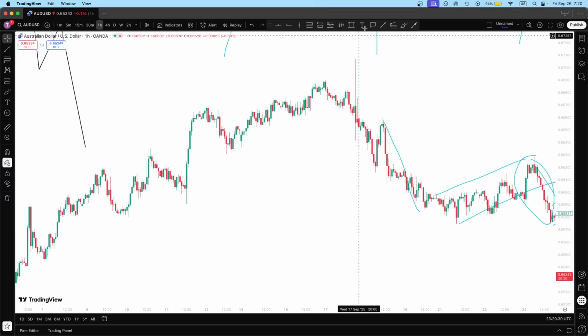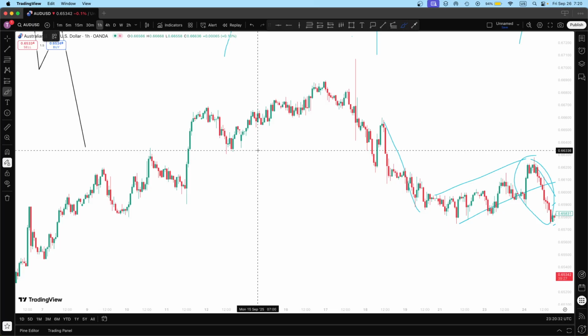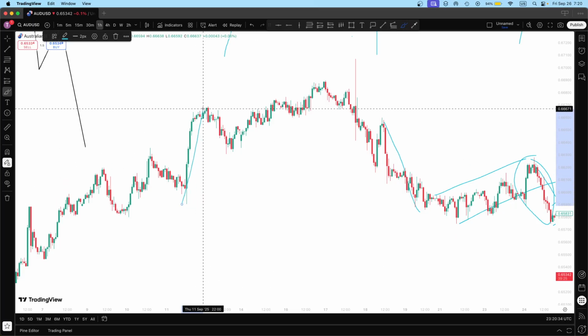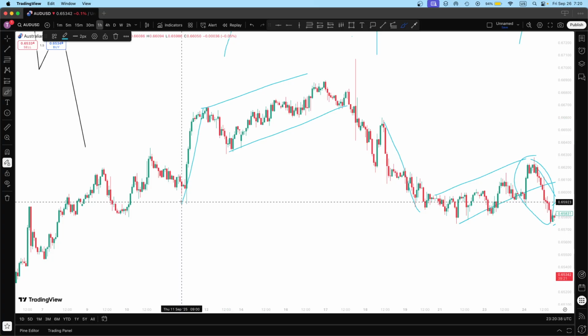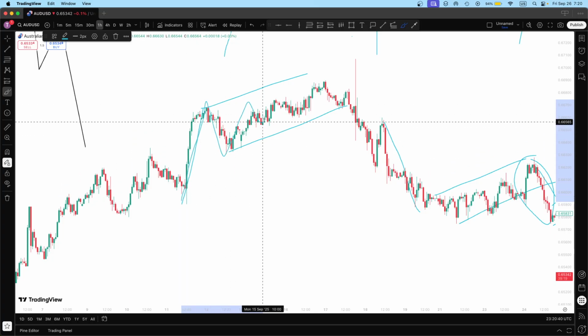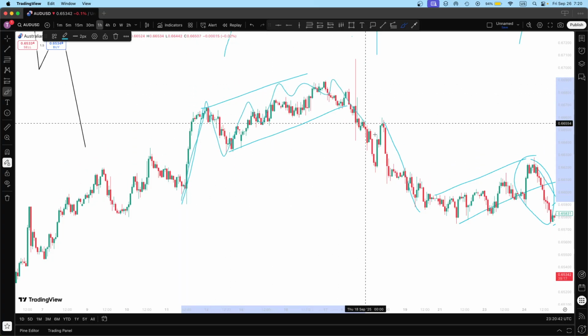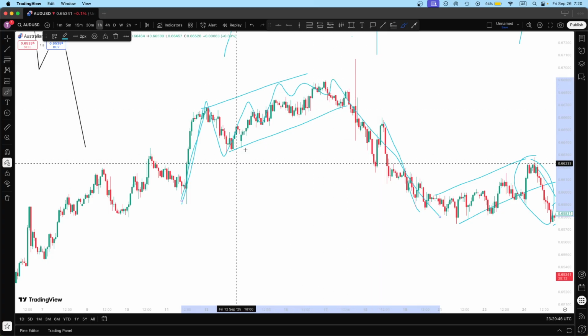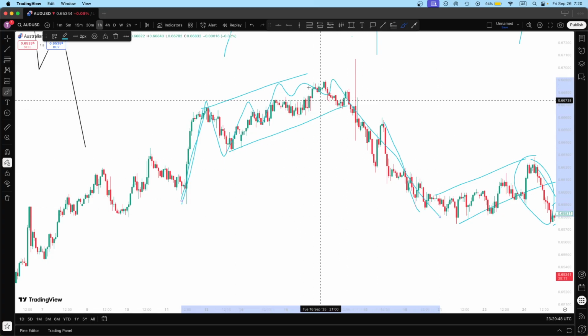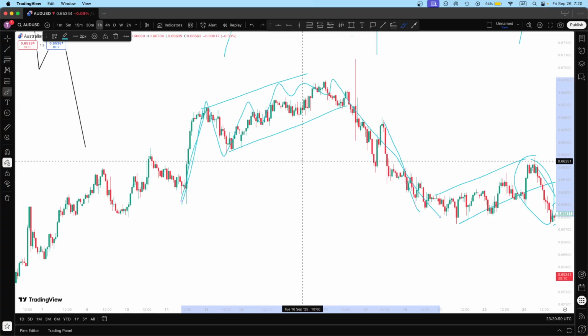Here the market was anticipated to go higher, but then it reversed. So this is a bilateral move, where the market can go either way based on the volatility.